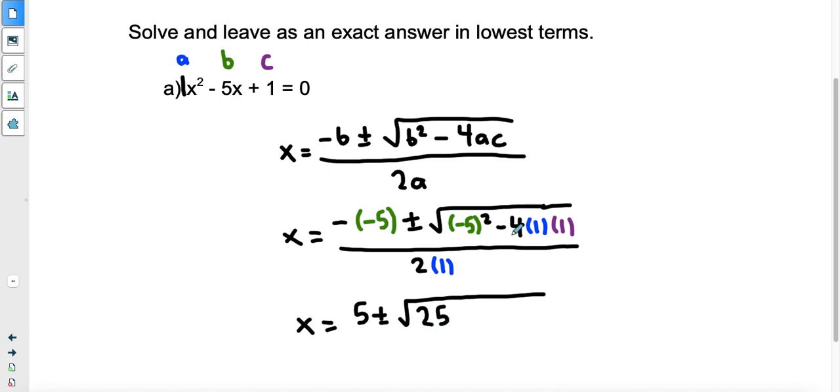Now I'm subtracting 4 times 1 times 1. 4 times 1 times 1 is just 4. So I'm just going to be subtracting 4. And then I just want to divide this all by 2 times 1. 2 times 1 is just 2.